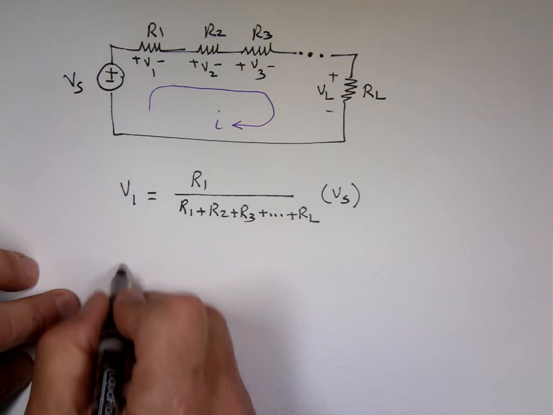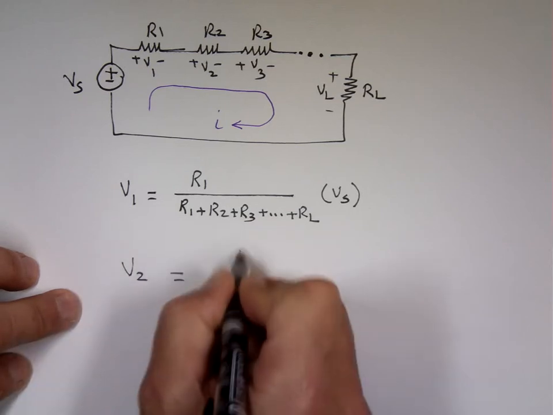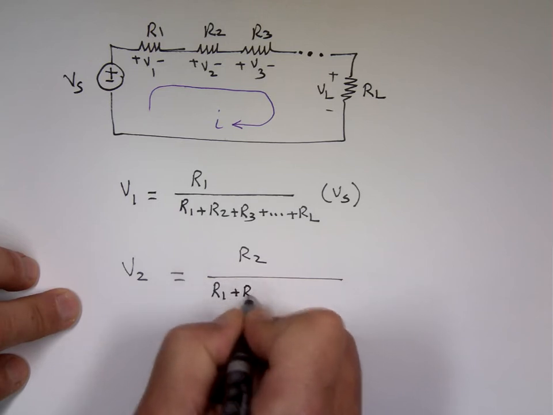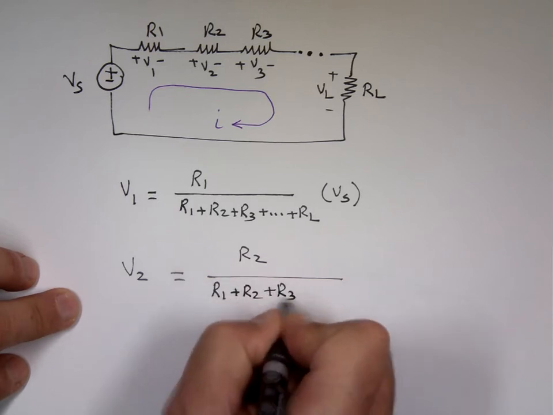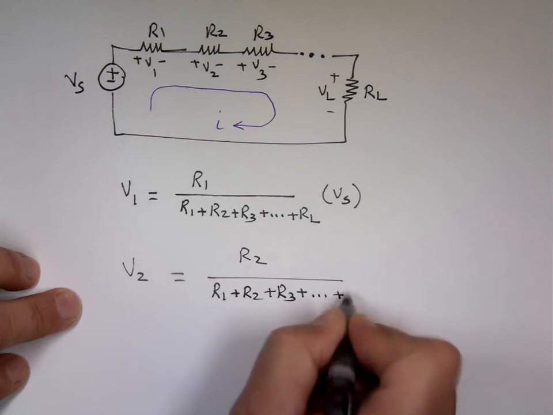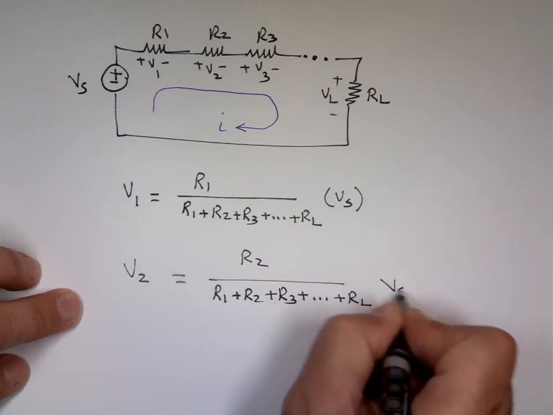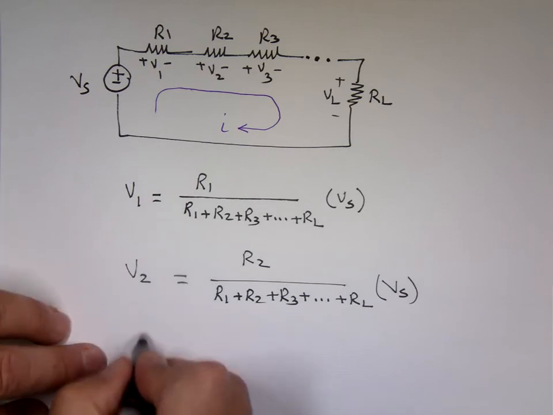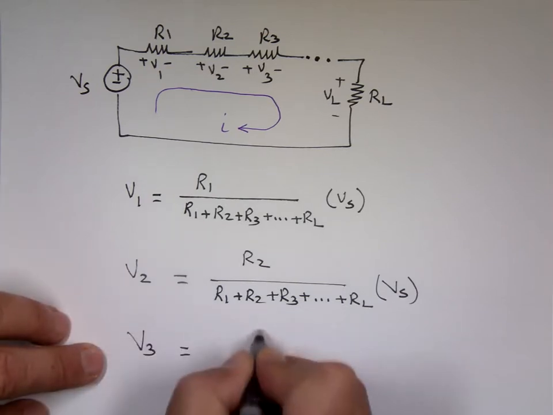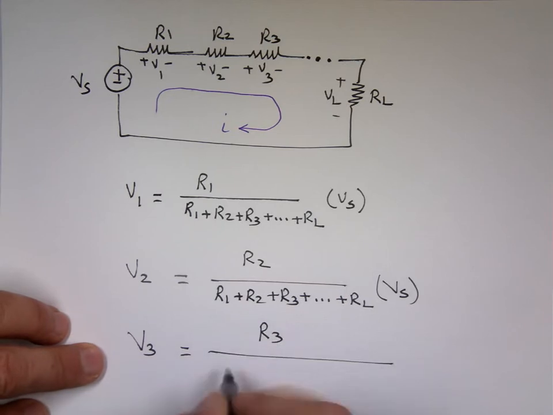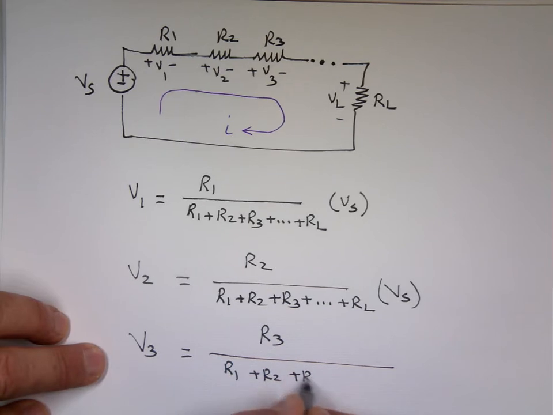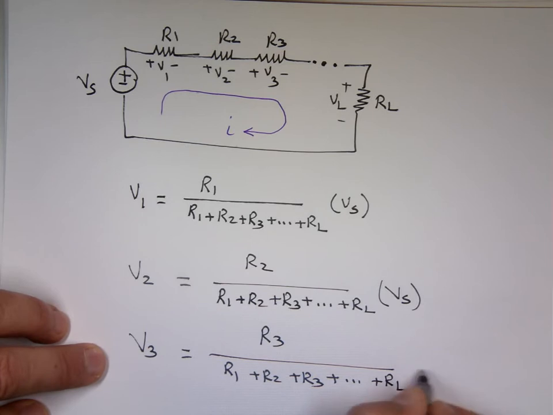V2 will be R sub 2 over R sub 1 plus R sub 2 plus R sub 3 plus R sub L times Vs. V3, I think you get the idea. It's R sub 3 over R sub 1 plus R sub 2 plus R sub 3 plus R sub L times Vs.